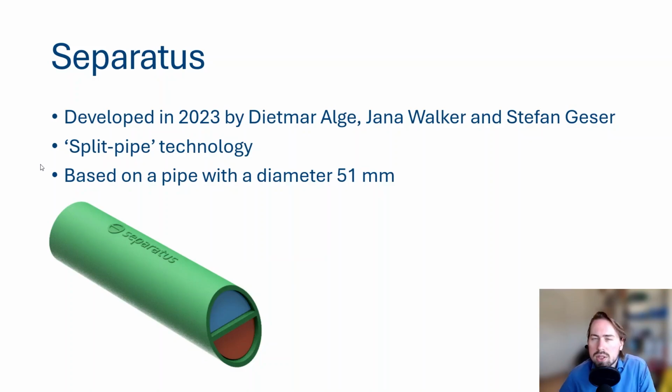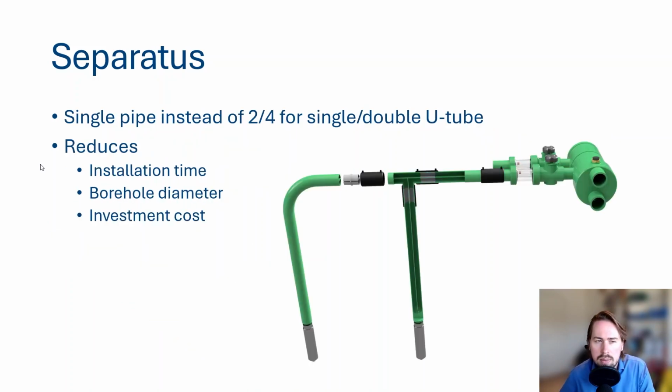The philosophy of this system is that you only have to install a single pipe in the borehole instead of two for the two legs of the single U-tube, or even four for the double U-tube in the ground.